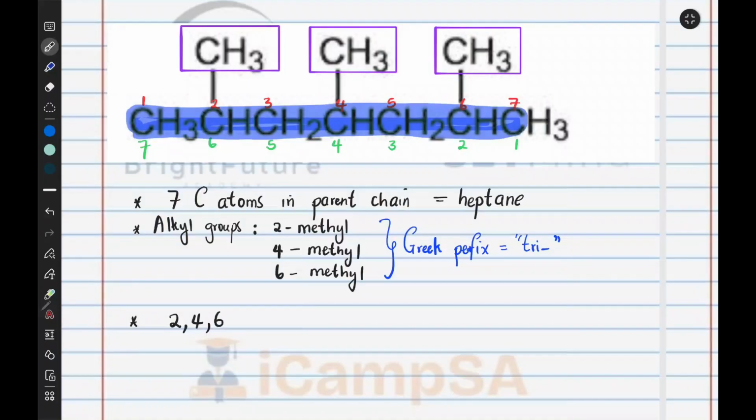In all these positions along my long continuous carbon chain, you will find my methyl groups. How many of them are there? 3. I use trimethyl. Then I put my parent chain name, which is heptane. That's it.